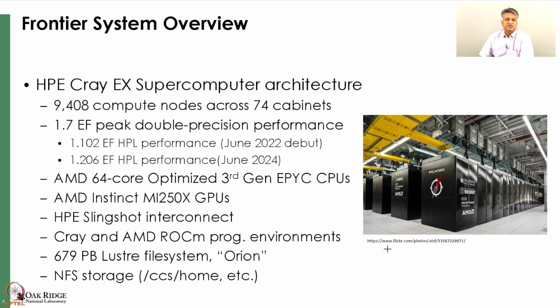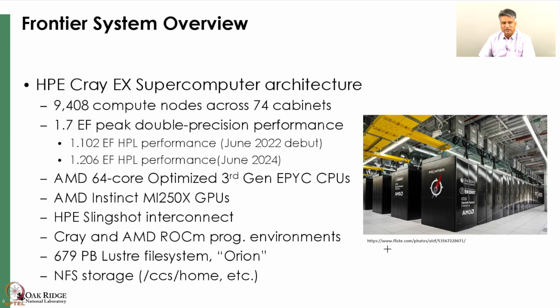The machine mainly consists of the AMD 64-core optimized third generation EPYC CPUs. As I mentioned earlier, this is a distributed memory machine, but at its base is a shared memory CPU with 64 cores per node, and there are 9,408 compute nodes. This machine also has accelerators, which are the AMD Instinct MI250X GPUs.